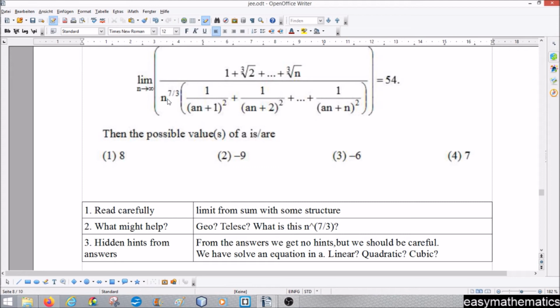And also, what we are looking for, values of A. So at the end we should get maybe a linear equation in A, maybe quadratic equation in A, maybe cubic equation in A. So we will see if we get one value or maybe two values or maybe more. Okay.